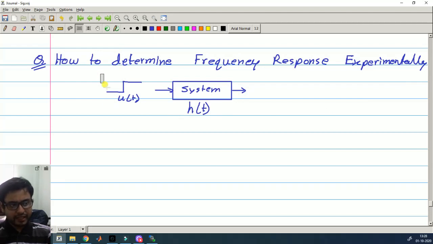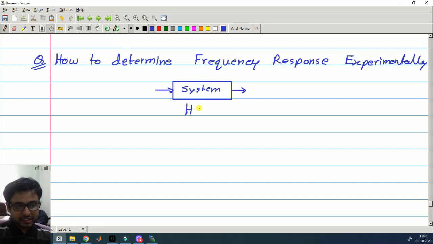In the same way, is it possible to find H(j omega) experimentally? You can think of an experiment where you give input e to the power j omega naught t, and then we know the output will be of the form e to the power j omega naught t multiplied with something, because this is an eigenfunction.